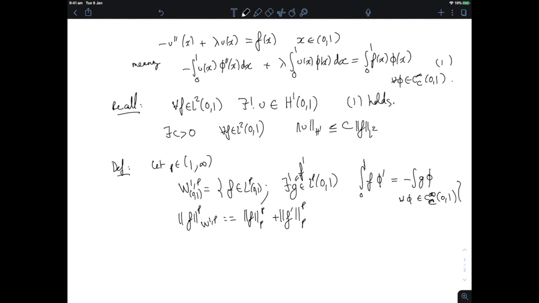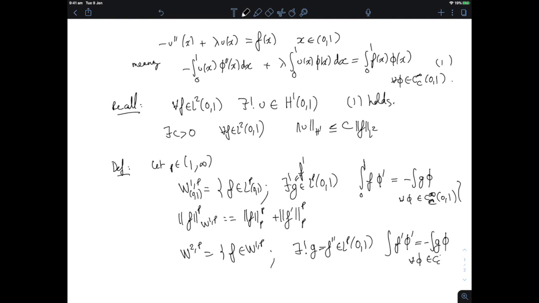And then we will also introduce the Sobolev space W2p, which is the set of elements f in W1p for which, you guessed it, there exists a unique g, which we're going to call f second, in LP of 0, 1, such that the integral of f prime phi prime, which makes sense because f prime is an element of LP, is equal to minus the integral of g phi for all phi in C infinity compactly supported in 0, 1.